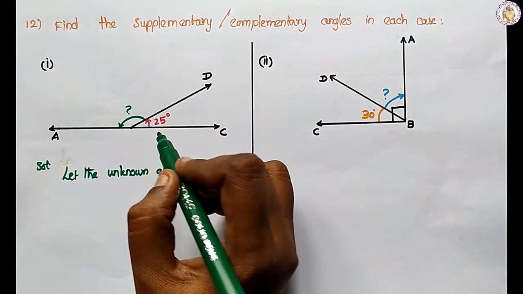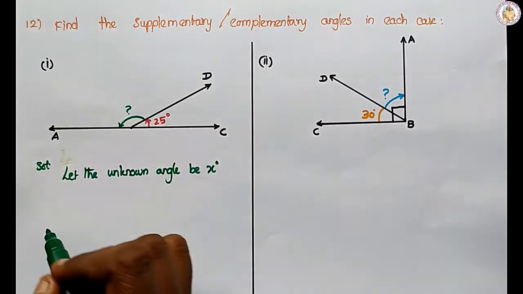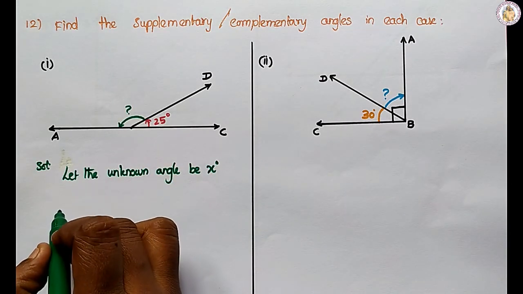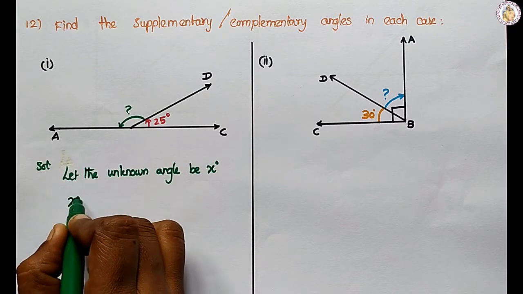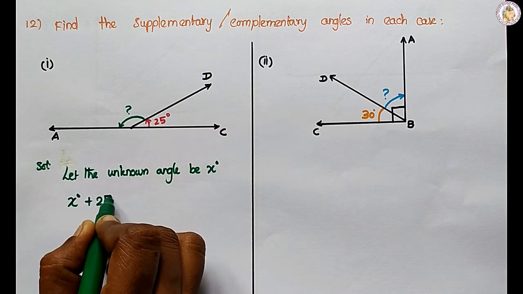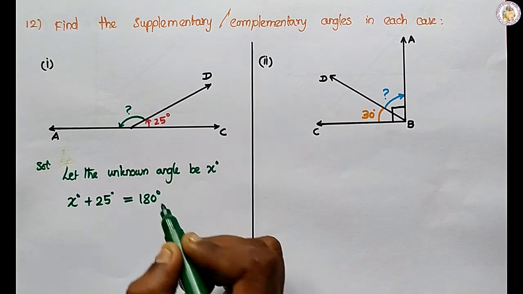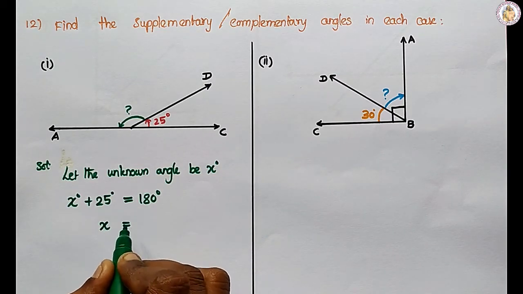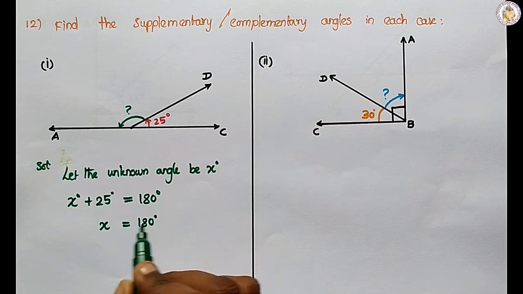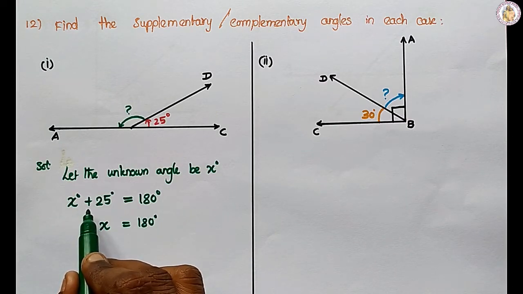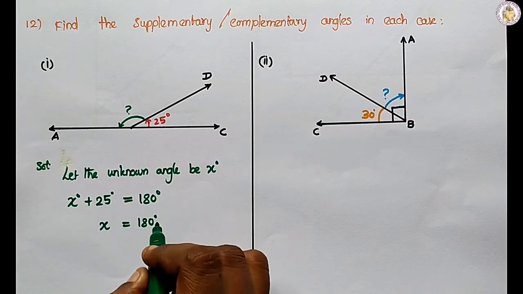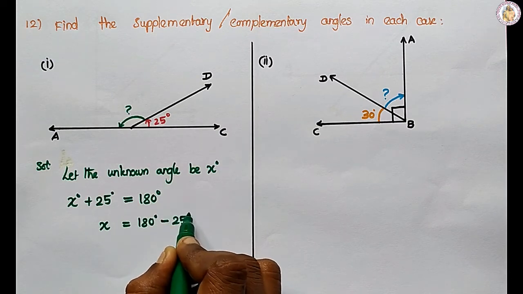That is supplementary, right? It is 180 degree means supplementary angles. So x degree plus 25 equal to 180. So x equal to 180 degree, here plus 25 becomes minus 25.